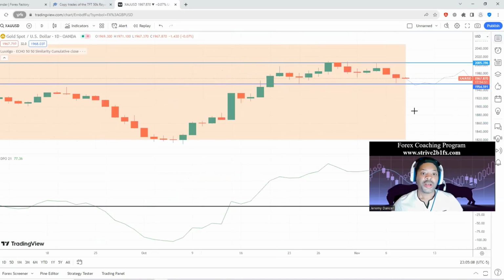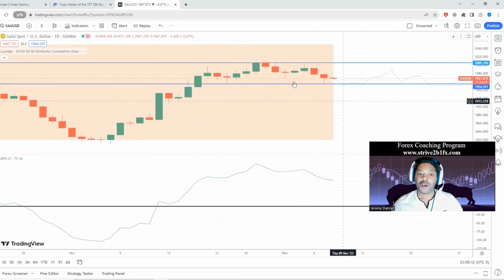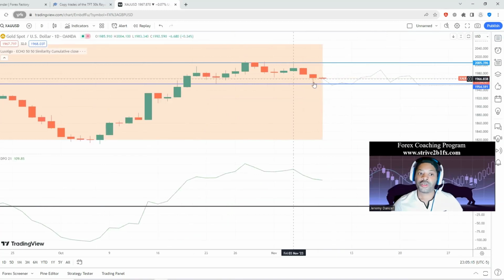As I mentioned before, we are approaching a strong area of support, but this is not in fact the support zone, because this support zone is going to be broken. We can see here that the detrended price oscillator, DPO, is having lower lows and lower highs.